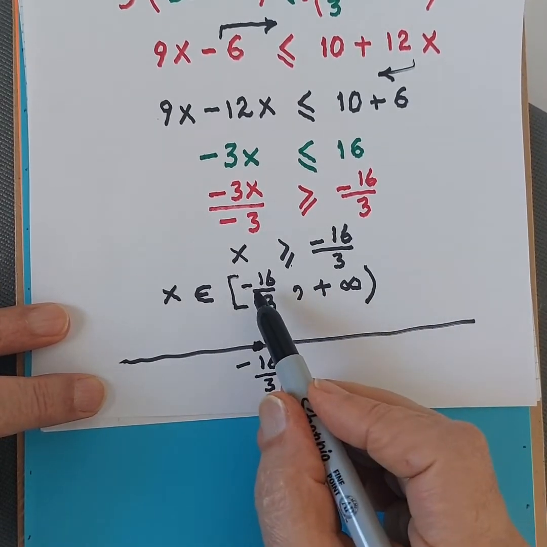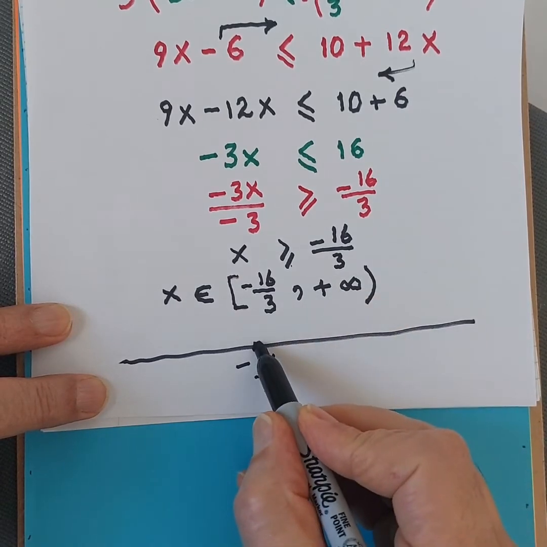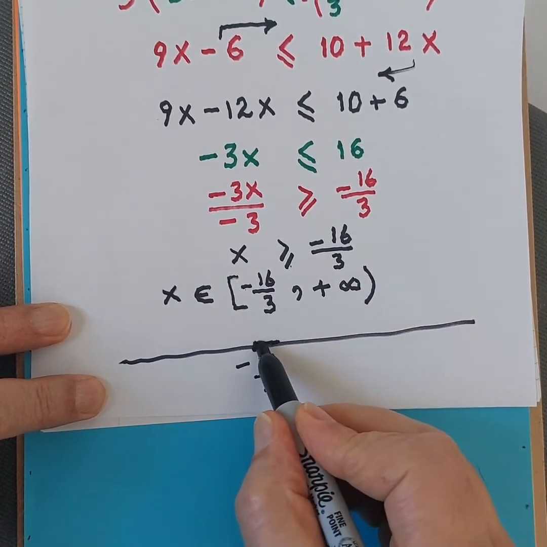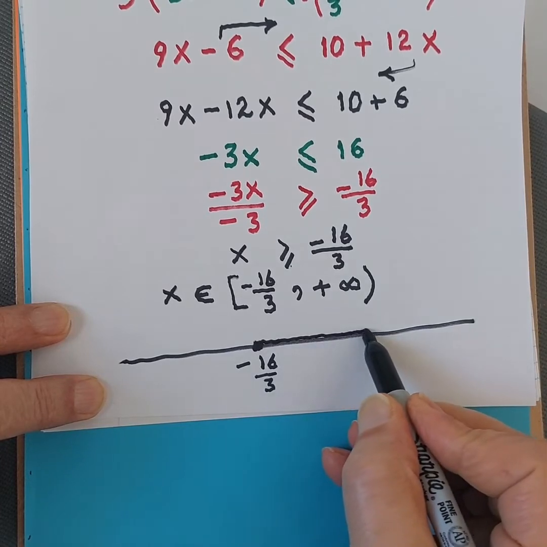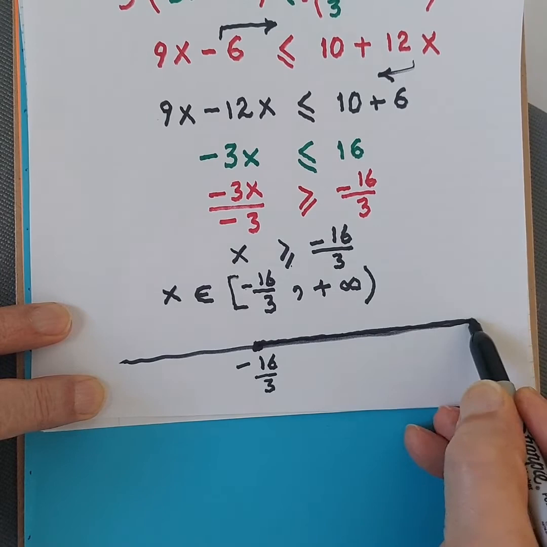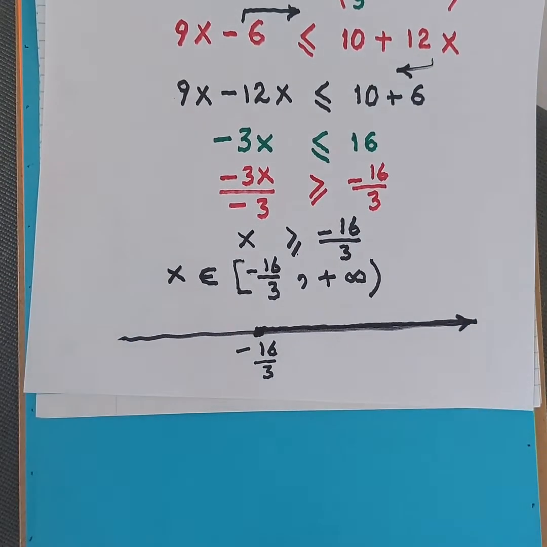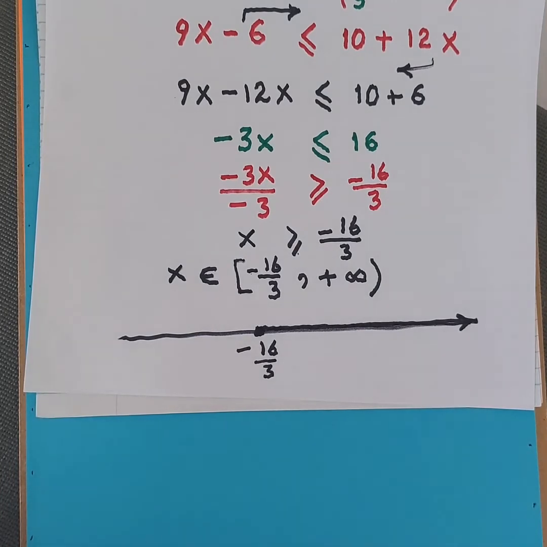And we will move all the way to the plus infinity. So we will move from this point in this direction. This is the representation of the solution on the real number line.